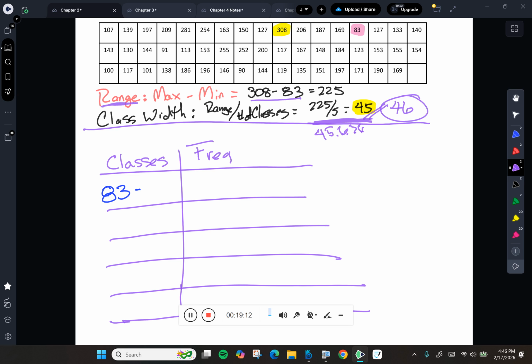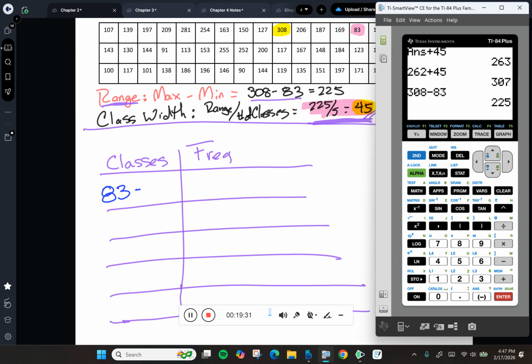This issue never shows up. The only time this issue ever shows up is when that math that we did, this 225 divided by 5, works out to a whole number. If it works out to a whole number, we have to add 1 to it. But it's a simple fix once you know what to do.